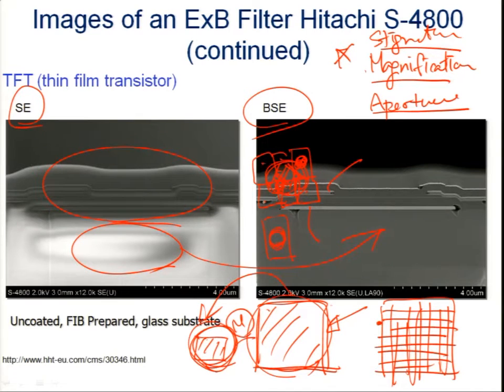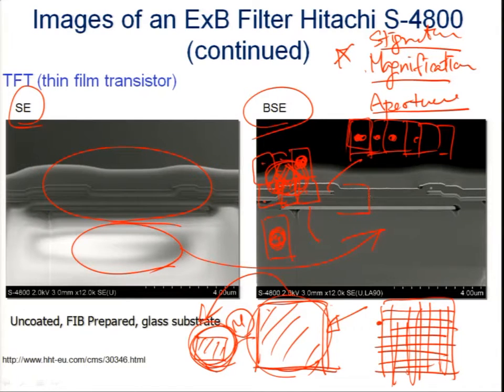So to get the best images, we need a very small beam diameter: no matter how small the pixels get, the electron beam still covers just 1 pixel. That is why we can still have a very sharp image.